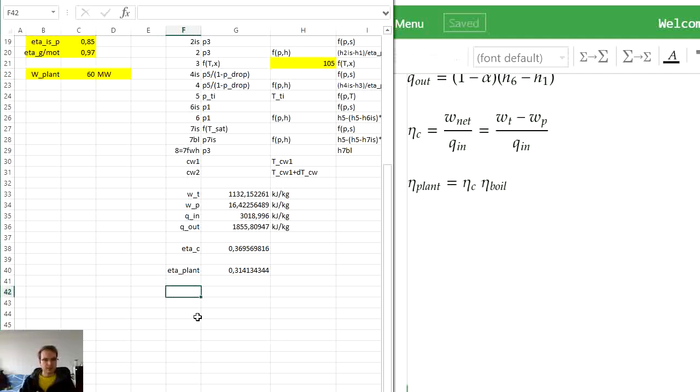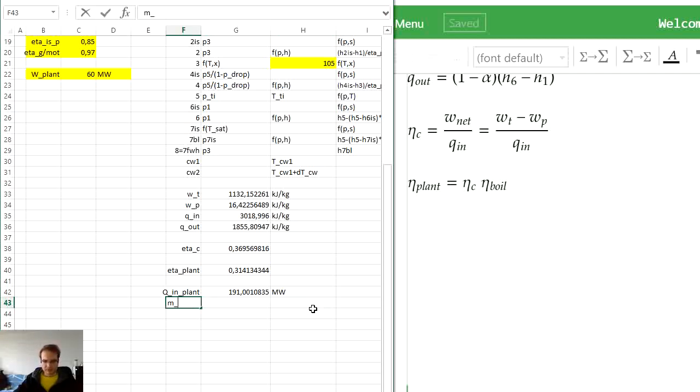So the Q in plant, heat input to our entire power plant, is the power output divided by efficiency of our plant. That means for a 60 megawatt plant we need to have heat rate of 191 megawatts in the fuel, in the coal.